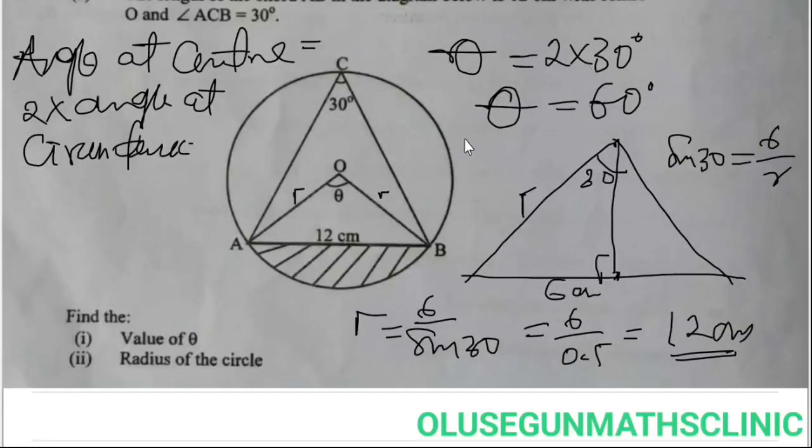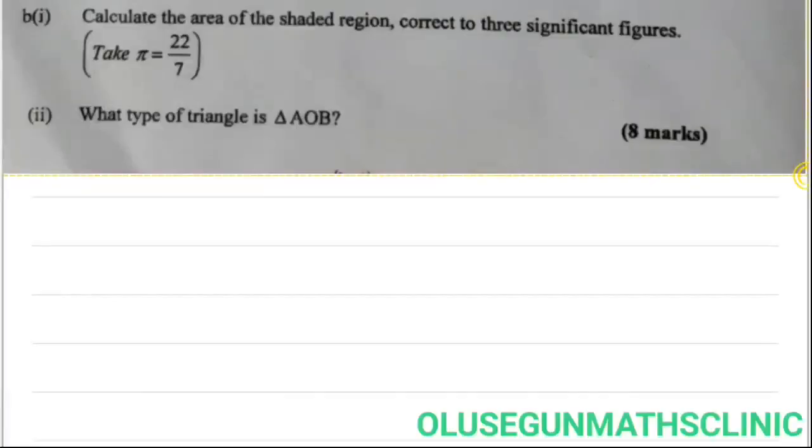Now we proceed to question 3B. We are to calculate the area of the shaded region correct to 3 significant figures.